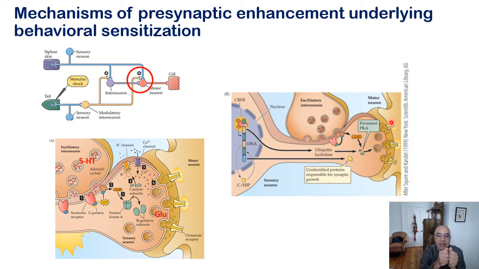So PKA becomes persistently active, and that results in changes that go back to the nucleus and make gene expression changes through this protein known as CREB. I'm going to talk about this in the next lecture. And that becomes a more long-term sensitization. That part is long-term plasticity.